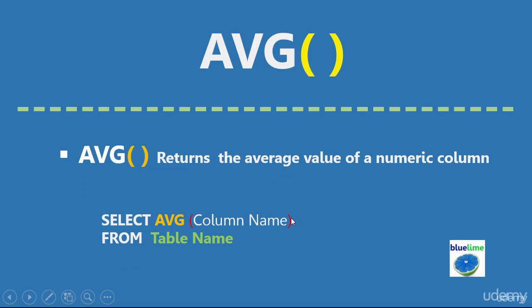In between the parentheses is where you specify the column names you want to perform the AVG function on. If you want to perform on all the columns, then you put an asterisk in the parentheses. The from here is where you specify the table that you are performing the AVG function on.